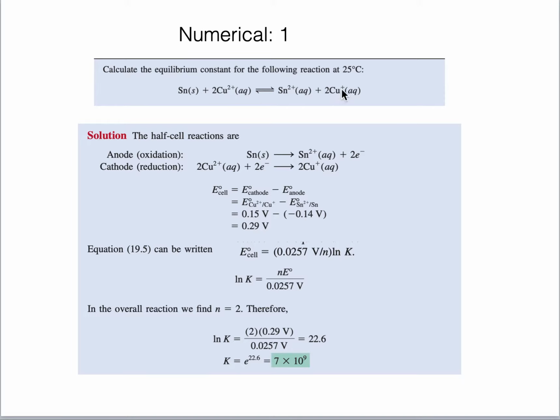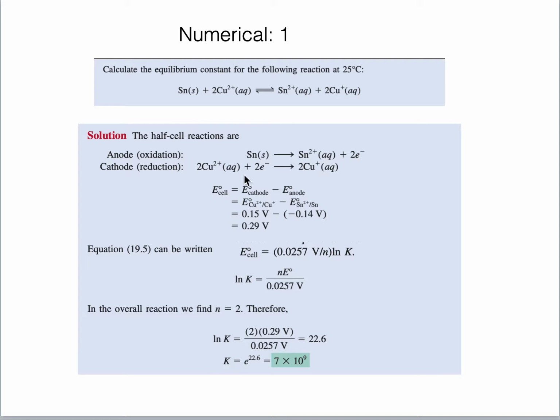Now, when you solve the numerical, you have to identify the separate anode and cathode half cell reactions and write them down. At the anode, oxidation is taking place. Stannous solid is oxidizing to stannous 2 plus along with removal of 2 electrons. Then at the cathode, reduction is taking place, and here the reduction is a bit different. 2 moles of copper 2 plus are accepting 2 moles of electrons to give 2 moles of copper plus 1.